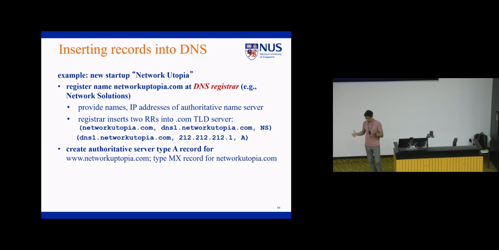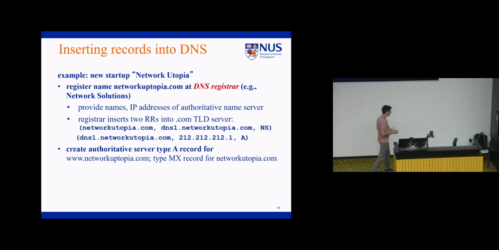But still, for TLD servers to point to our authoritative name server, we need to inform the TLD servers. It's like when you move into a new place, you inform the government or whatever authority you have that you moved, so people can reach you there. It's a similar idea.